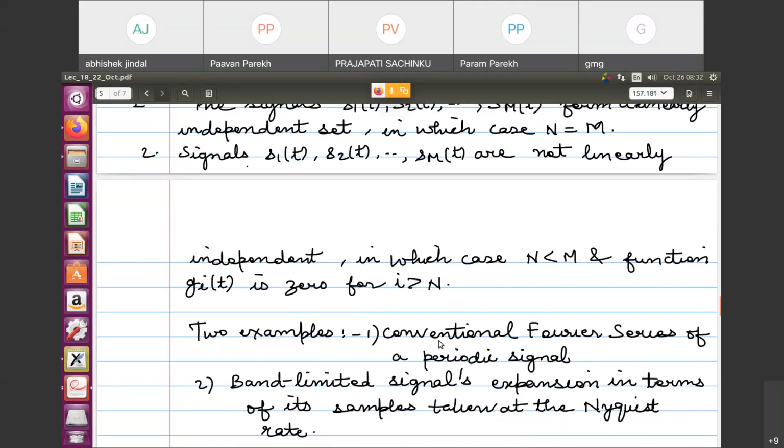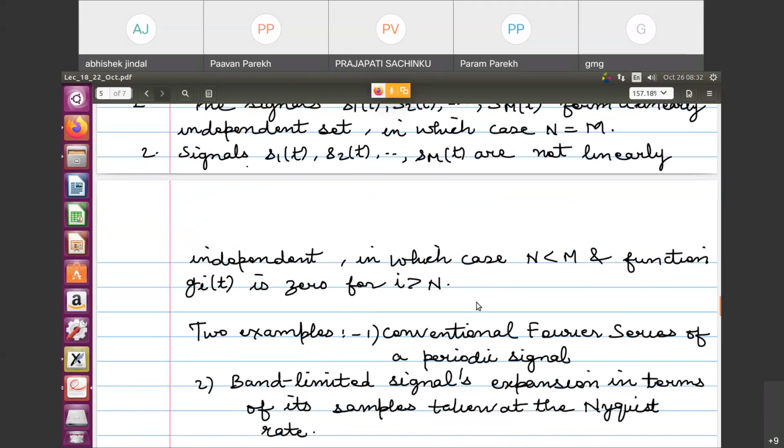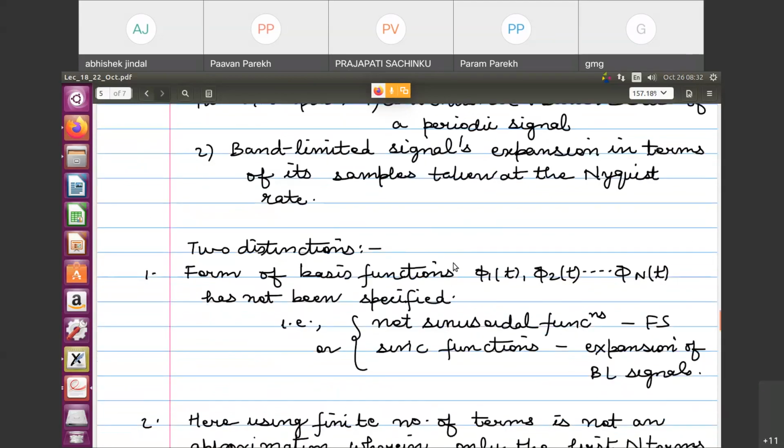That is a signal that you have to stop. Either you stop when N is equal to M, which is case 1, or you find that for i greater than N, all the g_i's are 0, and then you can stop. It means you have found the set in whose terms all of the capital M functions can be written. So this is what we saw.